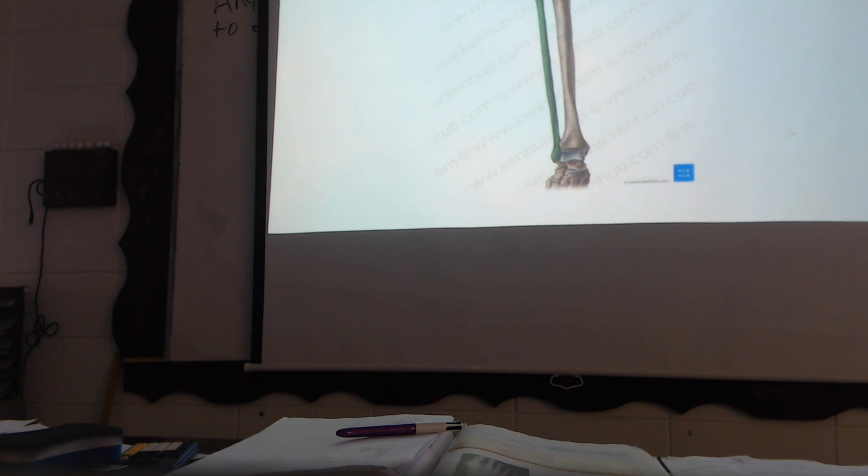What's this one again? It's that bone. Starts with a T. Talus. Yep. What's the last bone? Navicular.